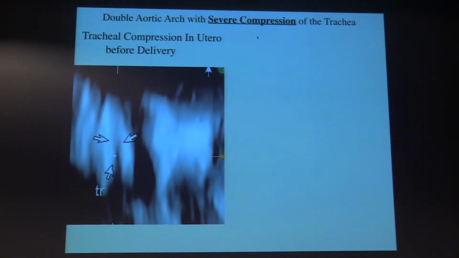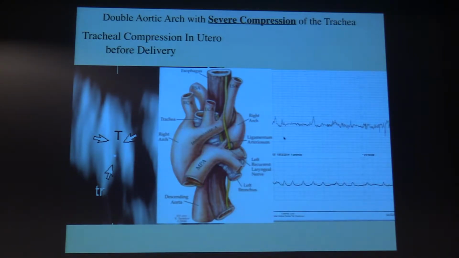The second case of severe compression of the trachea in utero was before delivery. We noticed at 37 weeks of gestation that this is the trachea. The patient was followed up during all the gestation. There is no polyhydramnios. A few days before delivery, we made a fetal heart rate recording, and there was a fetal bradycardia.